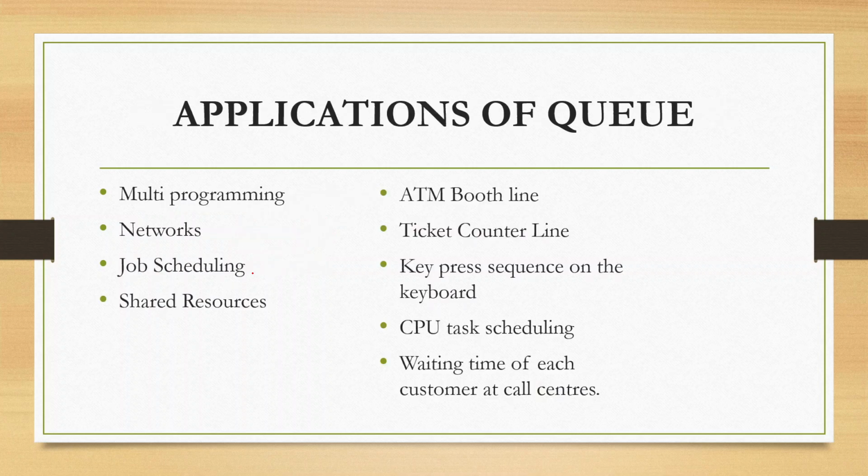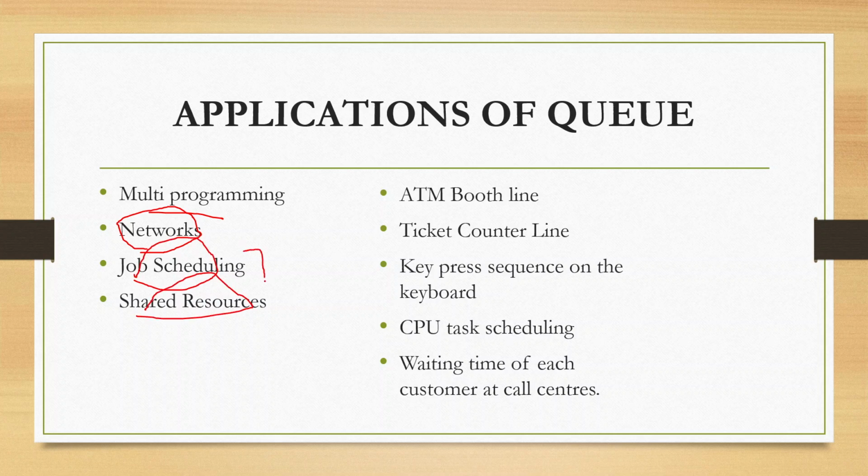What are some of the applications where the queue data structure can be implemented? As I told you, the main characteristic is that both ends are open, so I can do multiple operations. Multi-programming: we mostly use the queue data structure in networks and in operating systems, for job scheduling and shared resources.